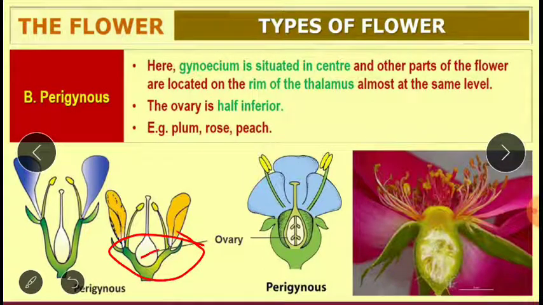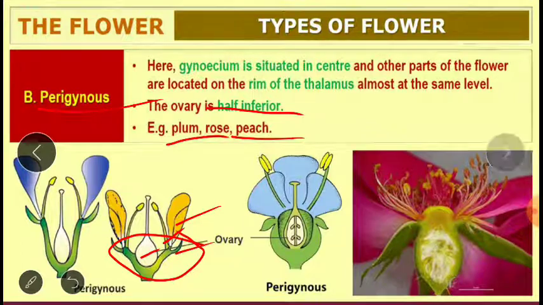Here is the ovary, with that you can see the androecium is there, petal is there, sepal is there. So all on the same track. So this type of ovary is known as the half inferior ovary, and this type of flower is known as a perigynous flower. Examples of the perigynous flower are plum, rose and peach flowers. You can see that they are having the perigynous type.